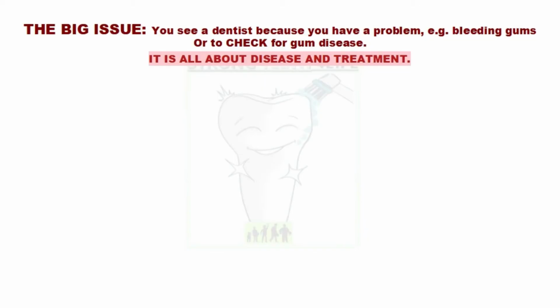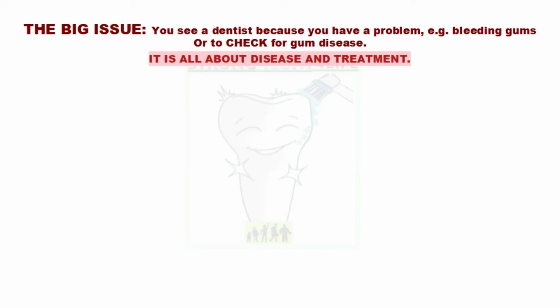So what's the big issue at the moment with dental health when you go and see your dentist in the UK? Well, you see a dentist because you might have a problem, for example, bleeding gums, or you go to the dentist to check how good your gums are. Do you have gum disease?